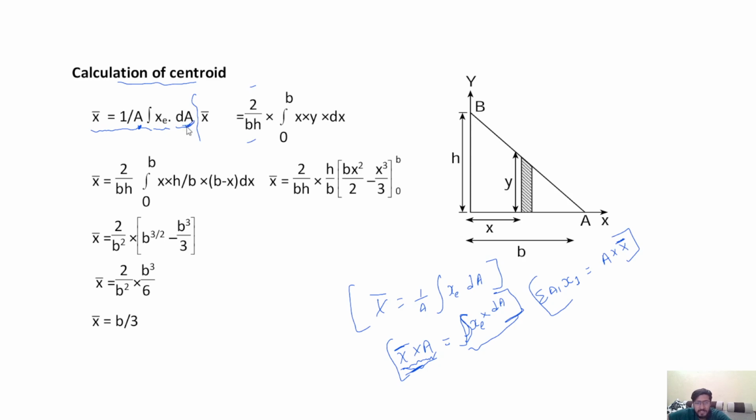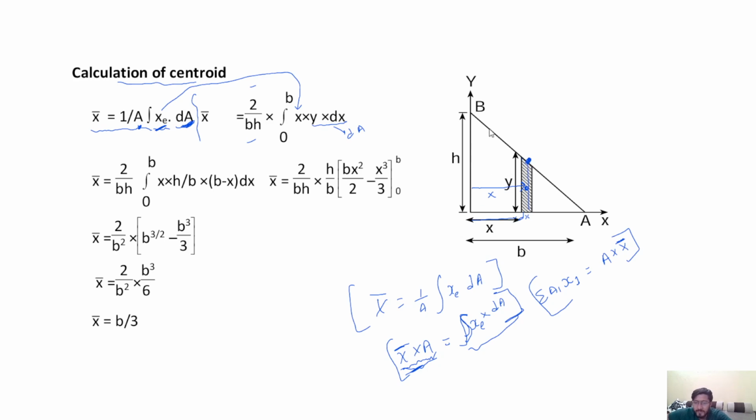Here dA is the area of this strip, that is equal to y times dx, and this xc is equal to x, that means xc is the distance of the centroid of this strip from the reference y-axis, that is equal to x. This point can be plotted by taking the value of x and the value of y.